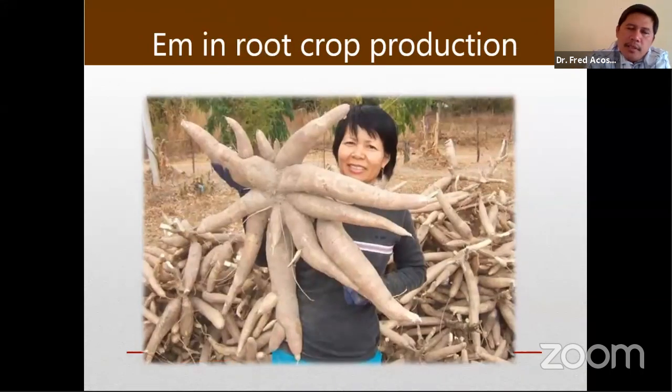Even in your root crops, you can use EM technology. It has been proven in many different places. This cassava, for example, is a product of EM technology in agriculture.